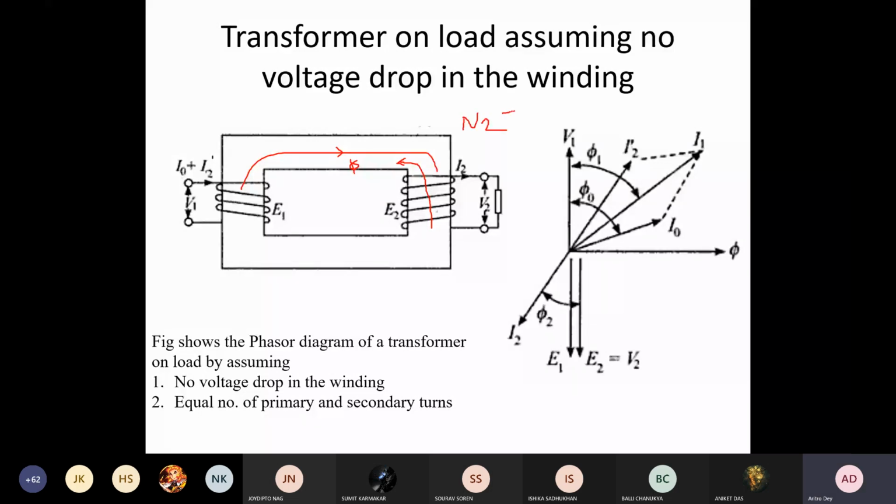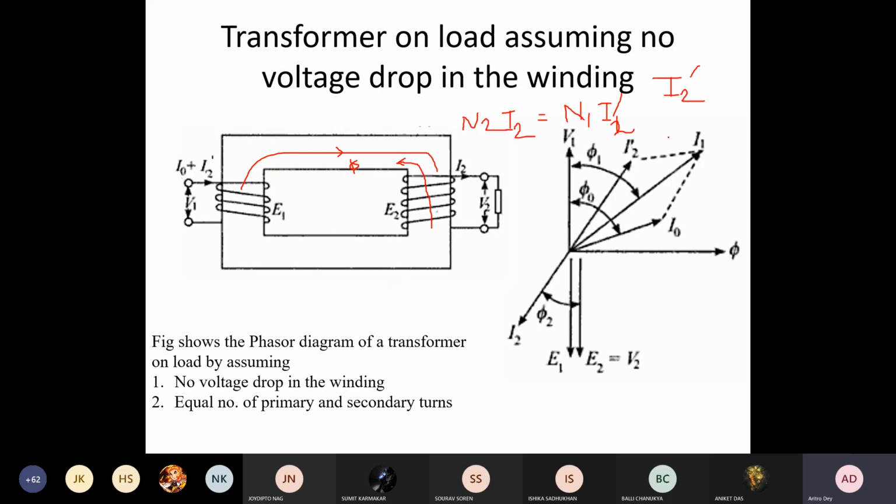So this mmf will be balanced by this coil, which has N1, and there should be a current drawn from the source, which is I1 dash. Actually, I prefer to write it as I1 dash because this is I1. Here it is written I2 dash, which is N2 I2 by N1.